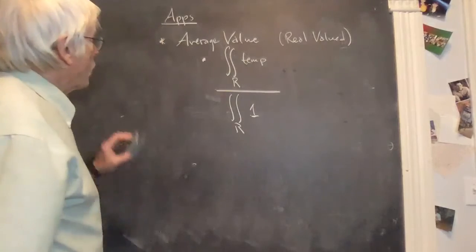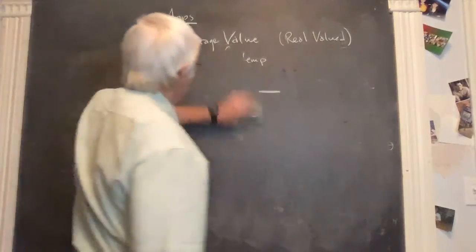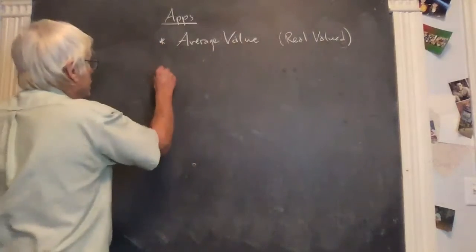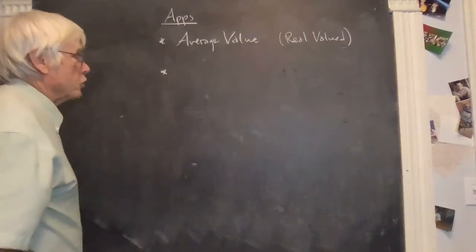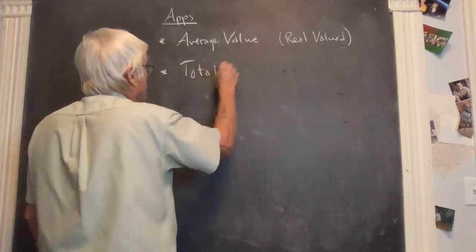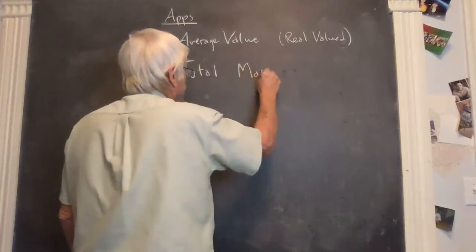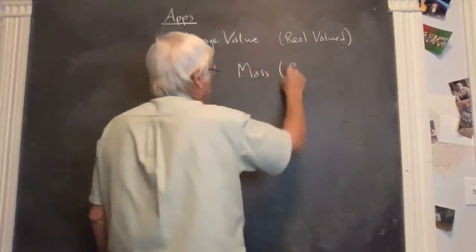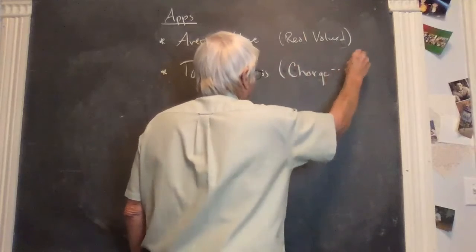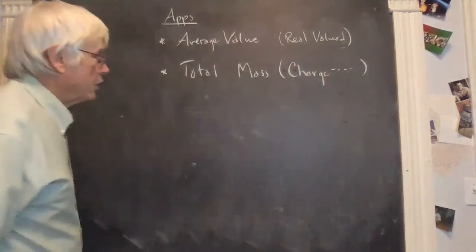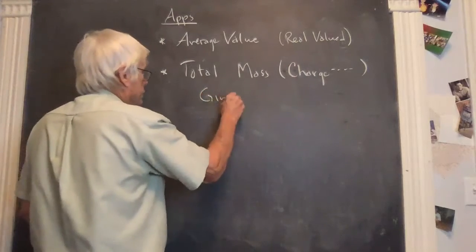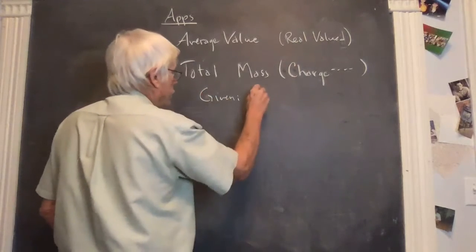Now, there are other things that we'd like to look at. Total mass, I'll use kilograms, but this could be electrical charge, and many other things. What you'll be given to do this is a density function.